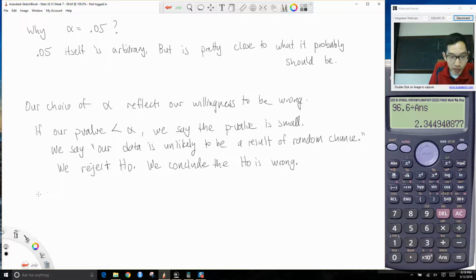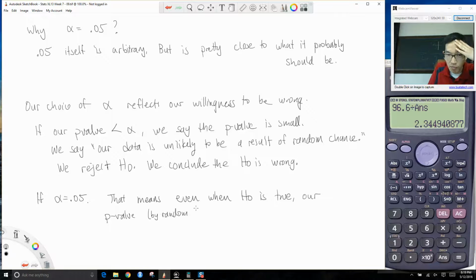But if alpha is equal to 5%, that means even when the null hypothesis is true, our p-value by random chance ends up less than alpha with probability 0.05.